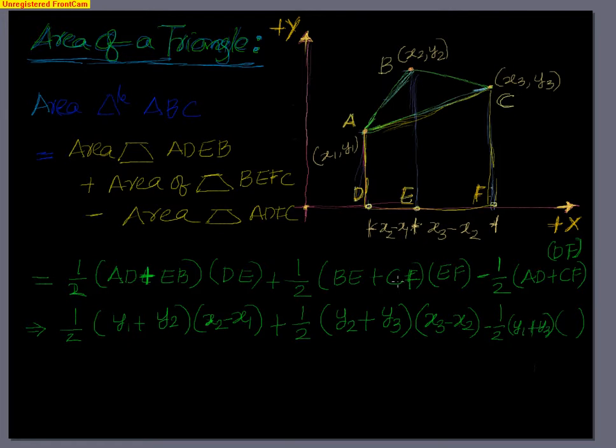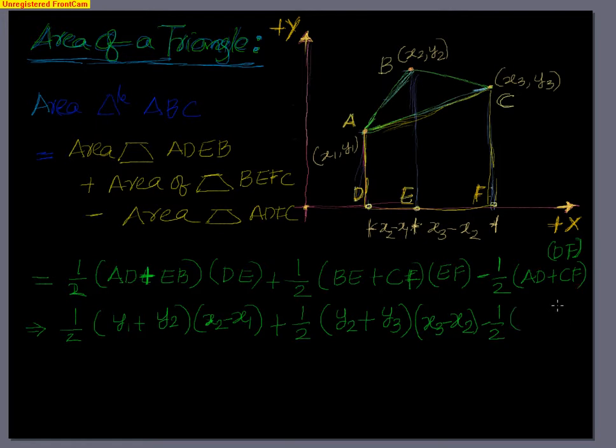I'll erase that so that it's clear. If needed, I'll go to the next line. This is x3 minus x2. Let me see if I can simplify this so that I can fit the whole thing here. What I have to write here: y2 plus y3 into x3 minus x2, minus half into AD plus CF.